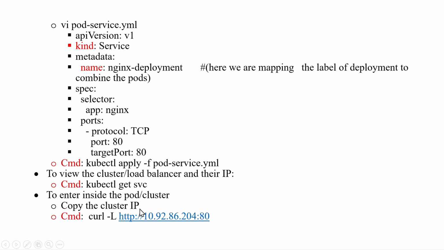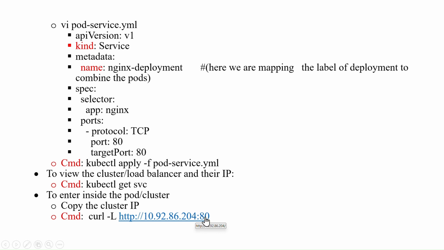From there, if you want to access the containers or the cluster, you pass this command: curl -l, we can call it, with the HTTP protocol, followed by the cluster IP and the port number of the application I'm using.